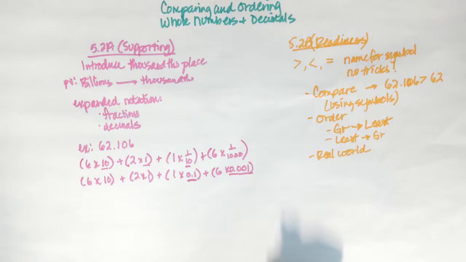Students tend to mix that up because we equate winning with biggest. But if I'm running a race, the time that I completed the race needs to be the fastest time or the lowest time. So have lots of opportunities to talk about things like that. Like, what does it mean when I win a race?